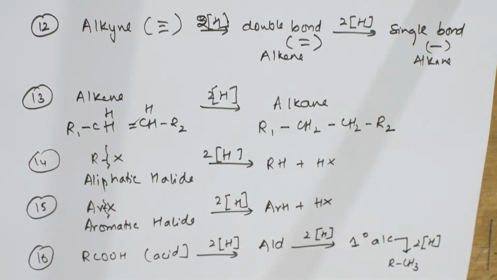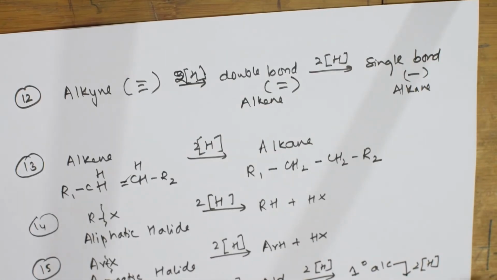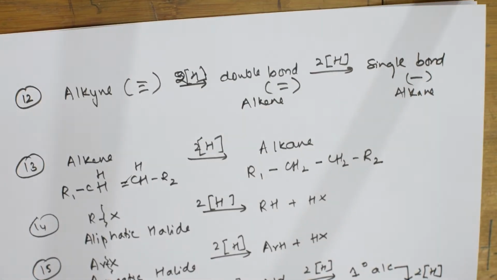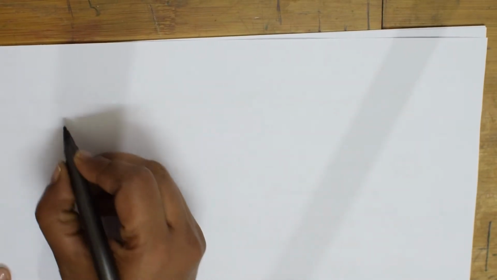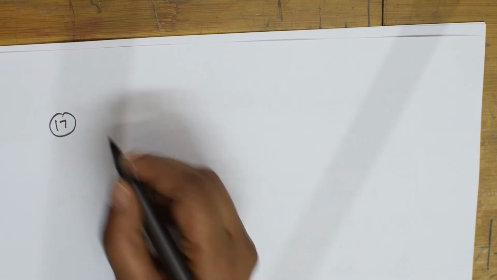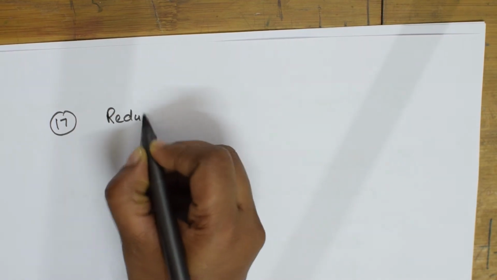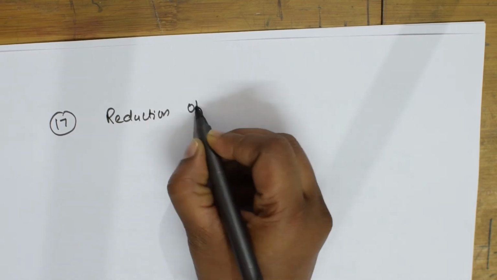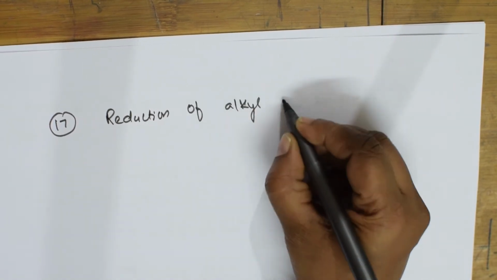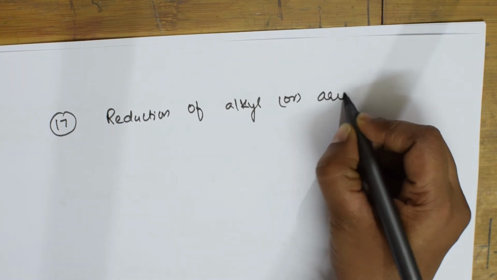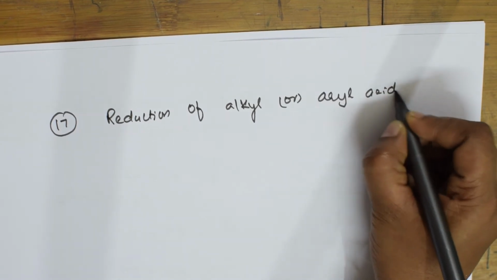Now let's see some more reactions, very important in the mystery of reduction. This is over. A lot of information is there, isn't it, students? Now let us write the 17th fact, the 17th mystery, right? In the 17th mystery, suppose I have to reduce alkyl or aryl azides, so let us write reduction of alkyl or aryl azides, meaning if these compounds are there.